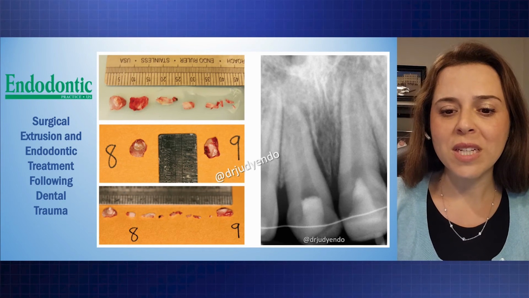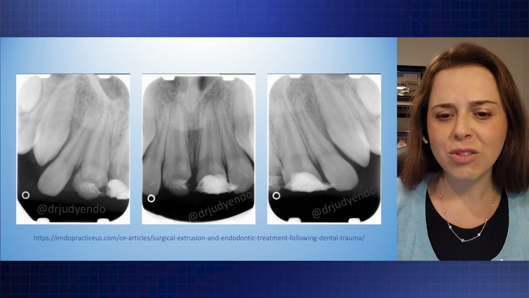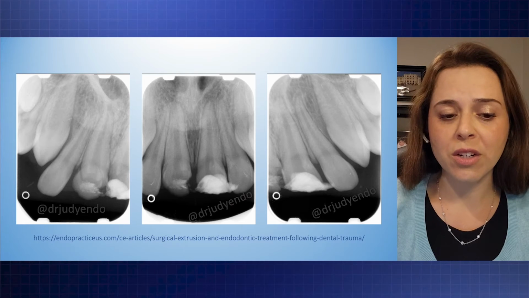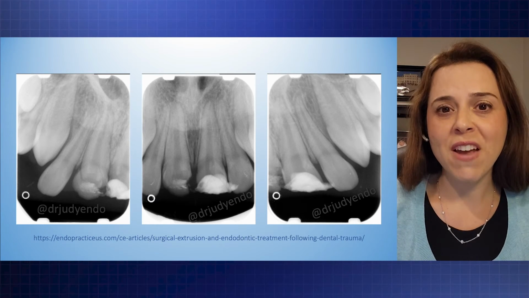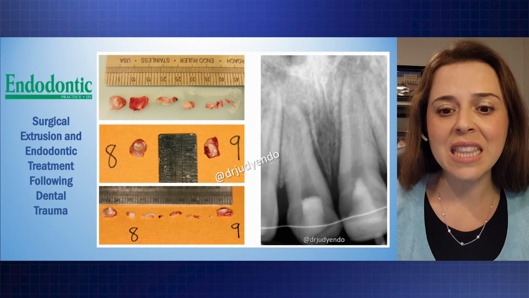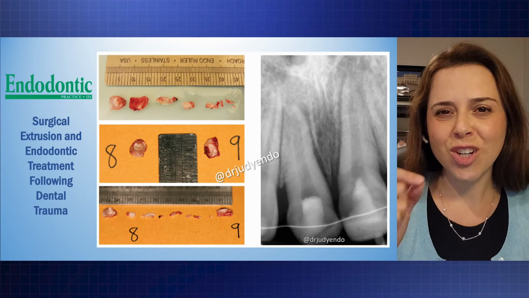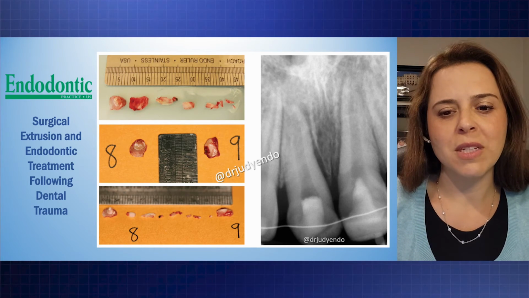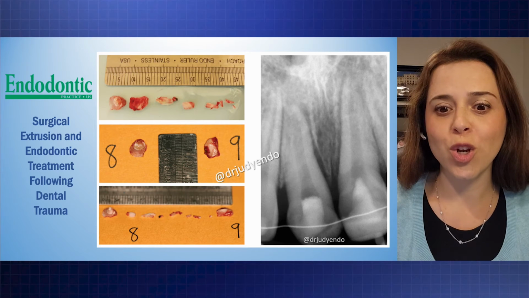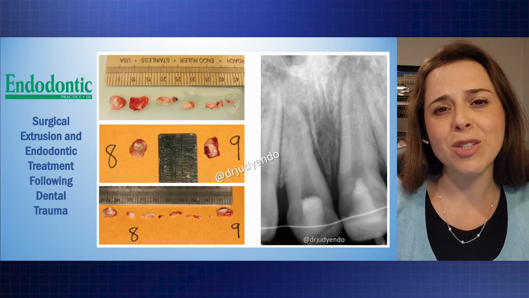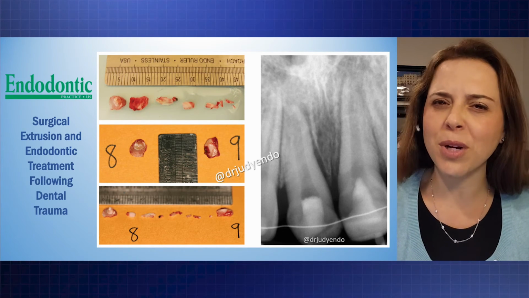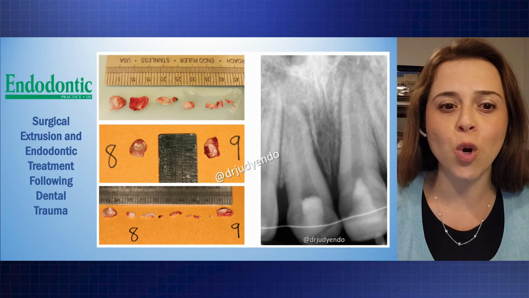What we see on the x-rays was nowhere near what I found clinically when I started picking out all of these fragments of teeth. I really wish I had known what to expect so I could have been better prepared. As a practitioner, I love to be prepared and know what I'm getting into.